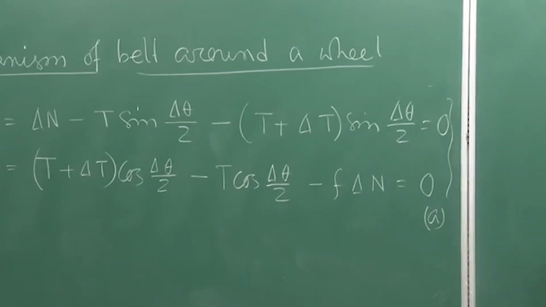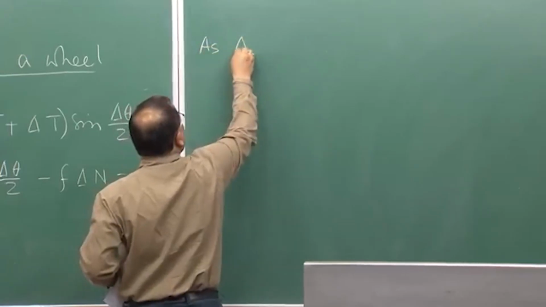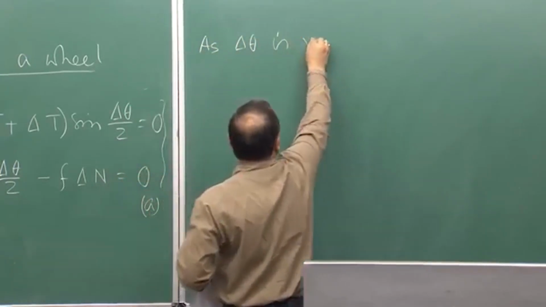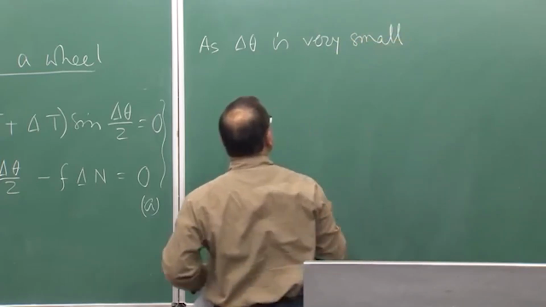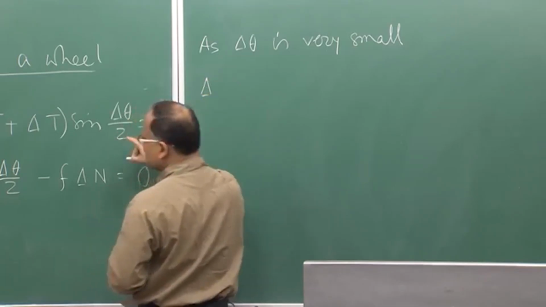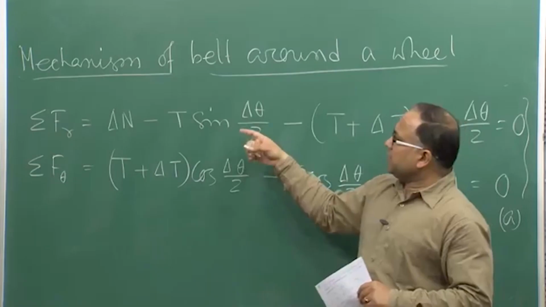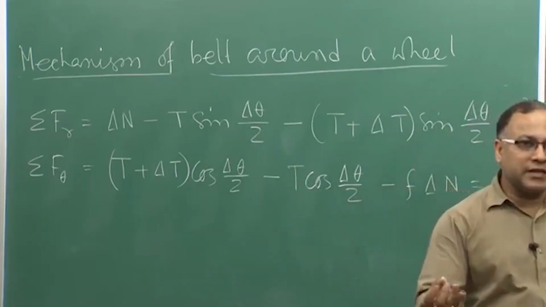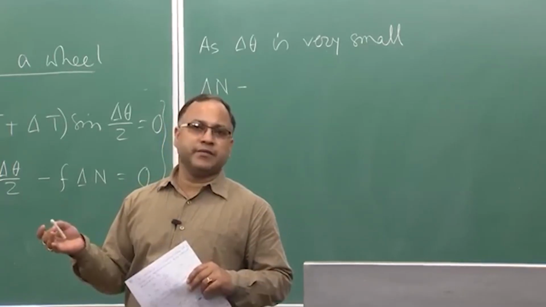As your delta theta is very small, because we have considered a small element, therefore from equation A, sin delta theta by 2 will be delta theta by 2. So, sin theta is theta and cos theta is 1, because theta is very, very small.